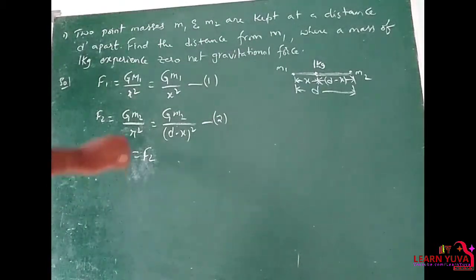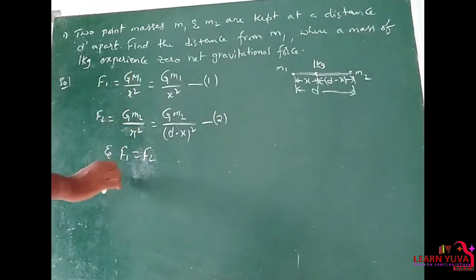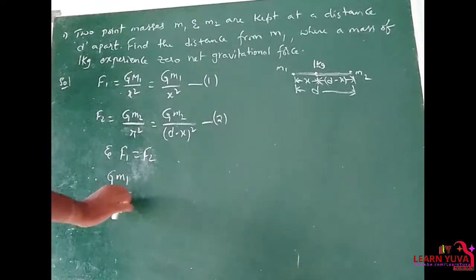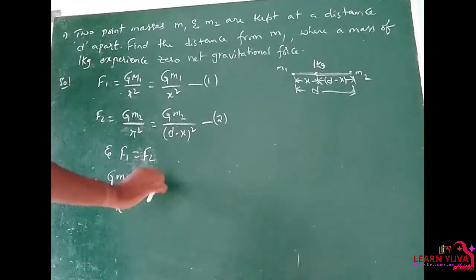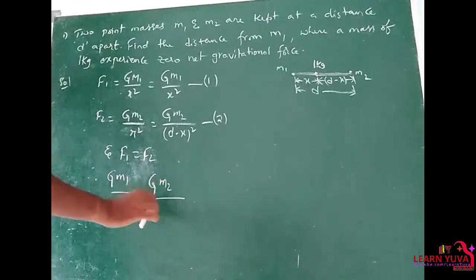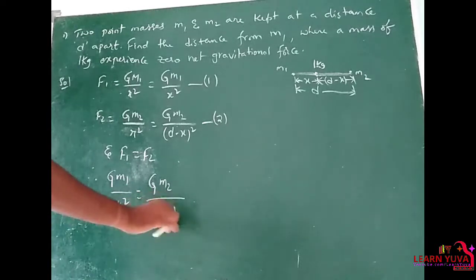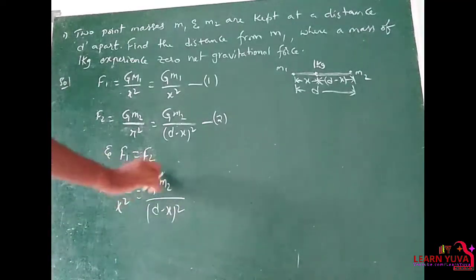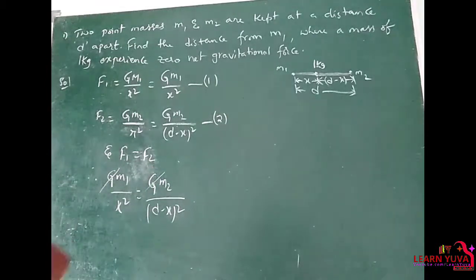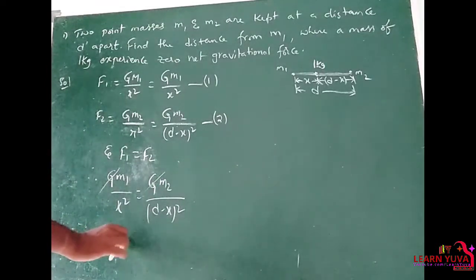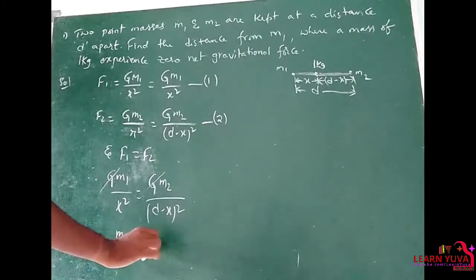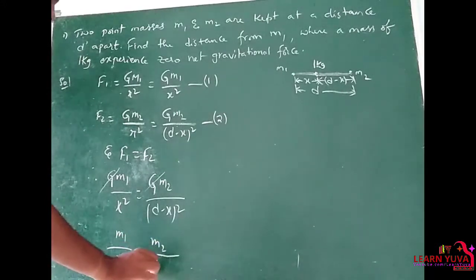Therefore, by equating 1 and 2, G M1 by x square is equal to G M2 by d minus x whole square. G gets cancelled. So the remaining values: M1 by x square is equal to M2 by d minus x whole square.